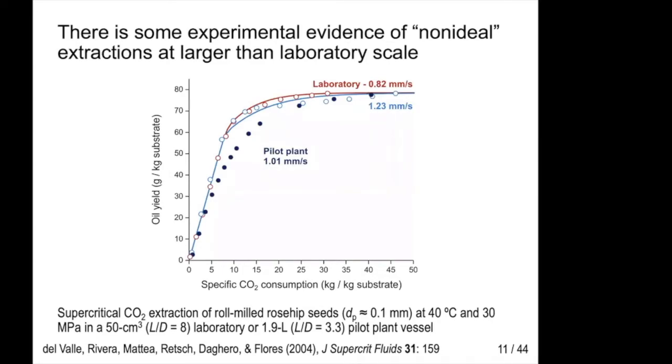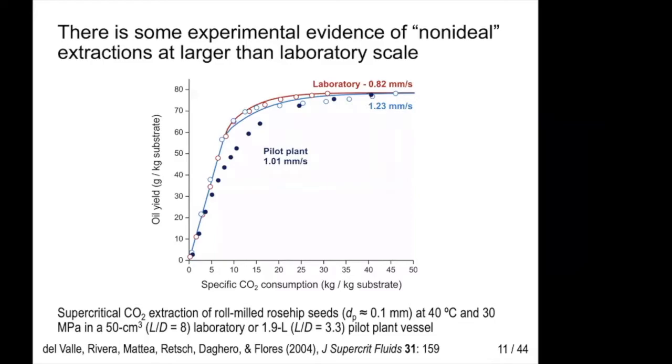However, there is experimental evidence signaling the presence of non-idealities in the extraction process at pilot or higher scales. In the extraction of bauxite with CO2 at 40 degrees Celsius and 300 bar, there is virtually no difference in the cumulative extraction curves of the oil obtained at the laboratory scale at similar but not equal superficial CO2 velocities.